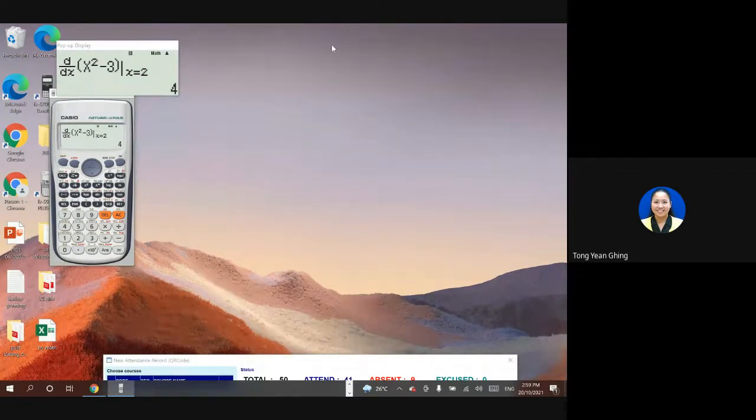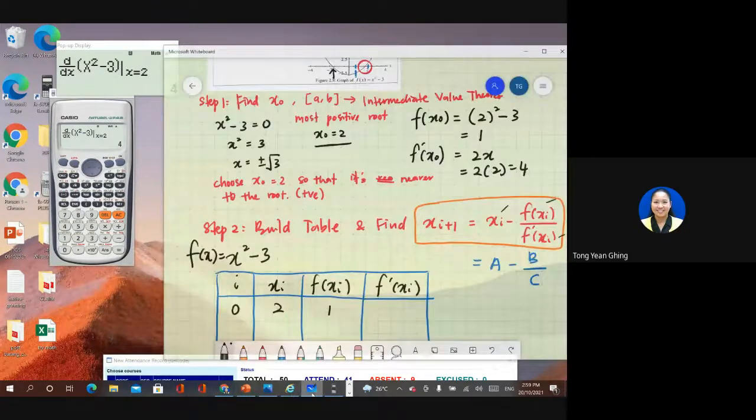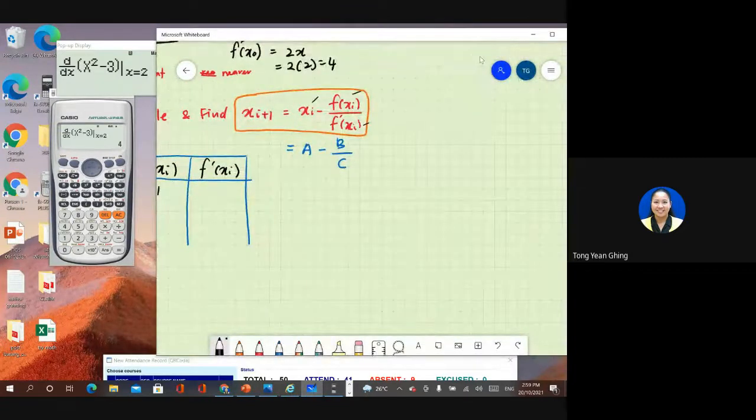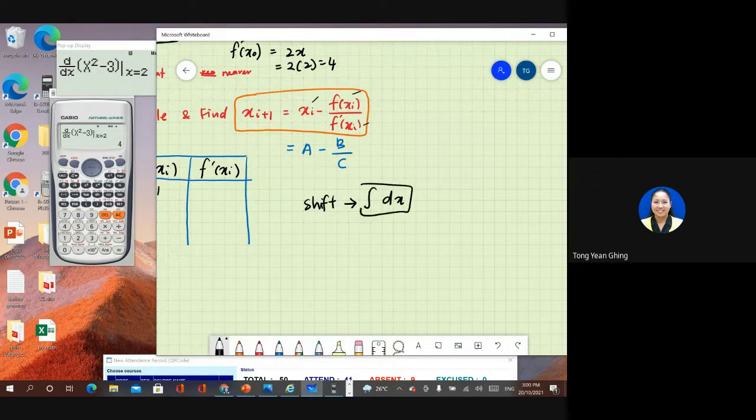Okay, ada lagi siapa yang guna calculator FX 570MS? Ada? Any of you? Ya, ada. Ada doktor, ada. Wait saya rasa saya kena tulis kat sini. So what you have to press is, sama juga, you have to press shift kan? And then you go to this symbol, this one. Right.